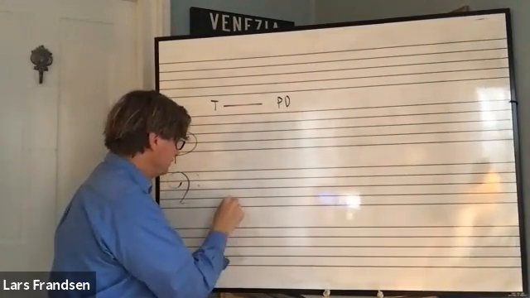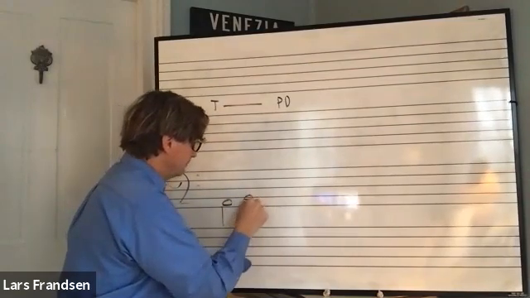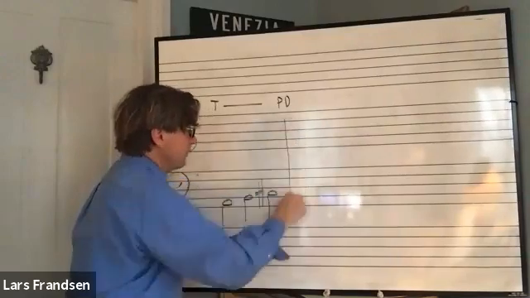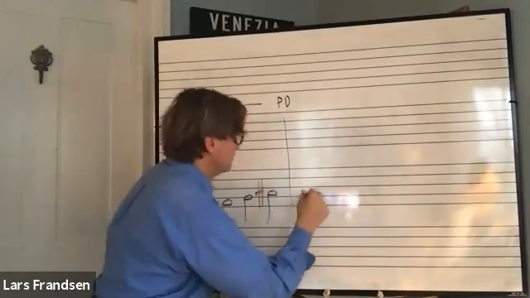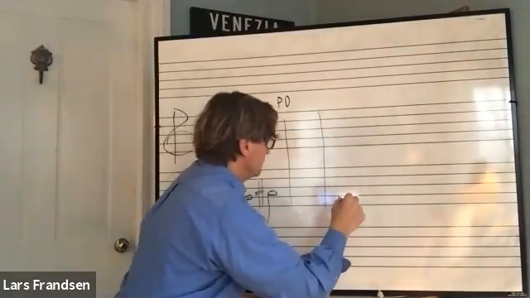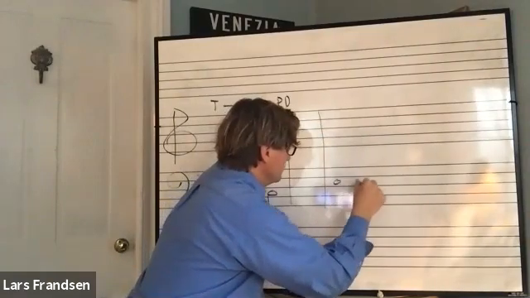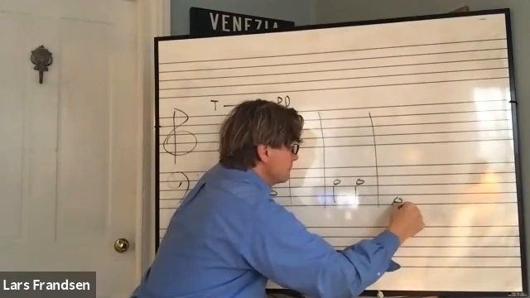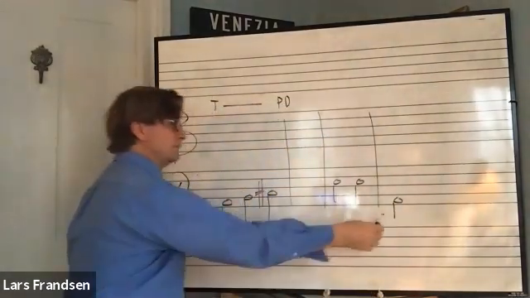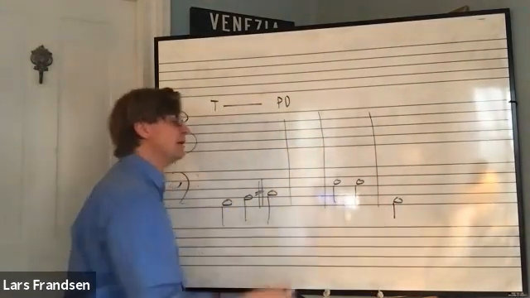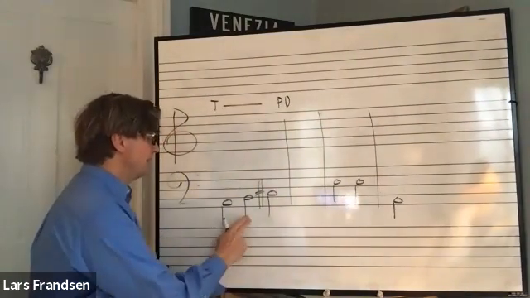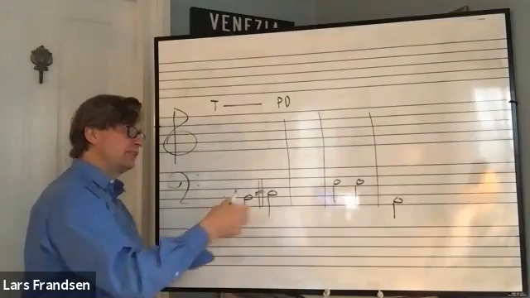Choose A major. This one is low, the stem is down because it's the bass. All the bass notes, no matter how low, no matter how high they are, have the stem pointing down.